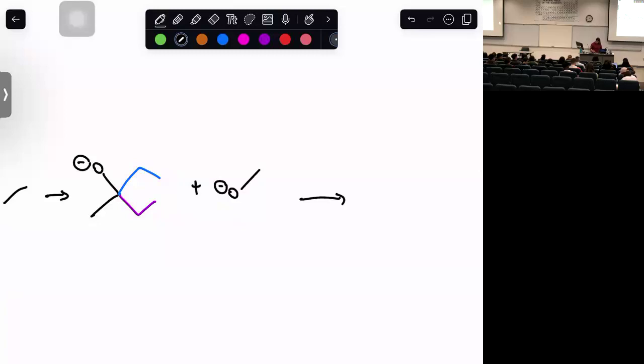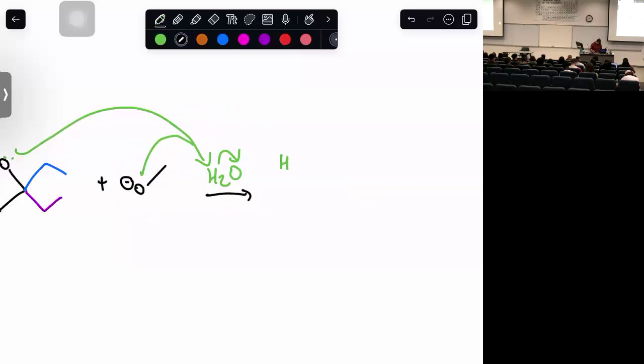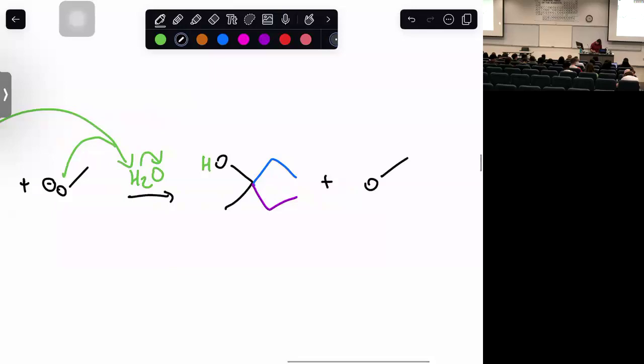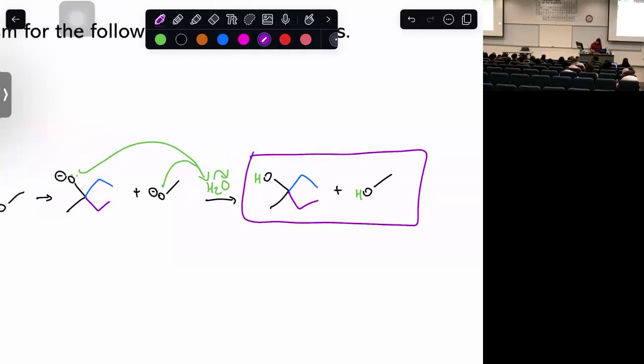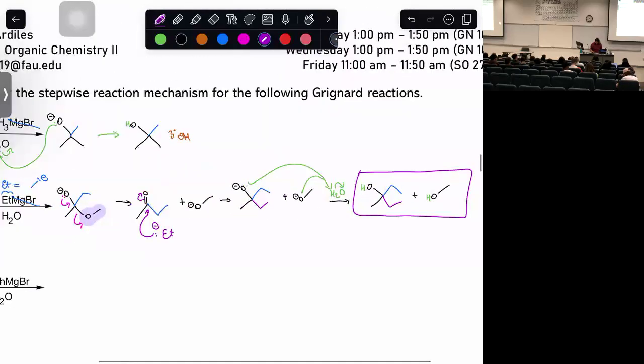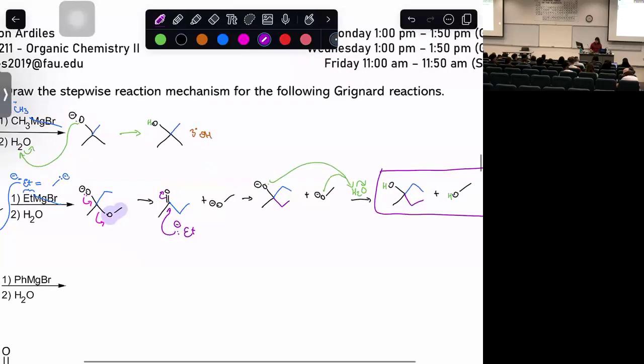Then, to stabilize everything, we just do an acid-base reaction. Both oxygens are just gonna take away one hydrogen, so we end up with this little guy, plus your little byproduct in here. Okay.